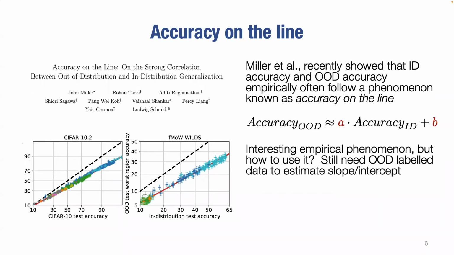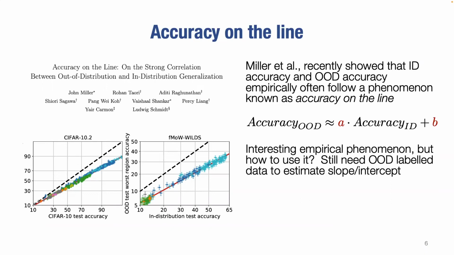Okay, so where does this put us? So what we wanted to do is use these similar ideas of agreement to see if we could come up with a more practical way of exploiting this property to actually evaluate performance out of distribution.